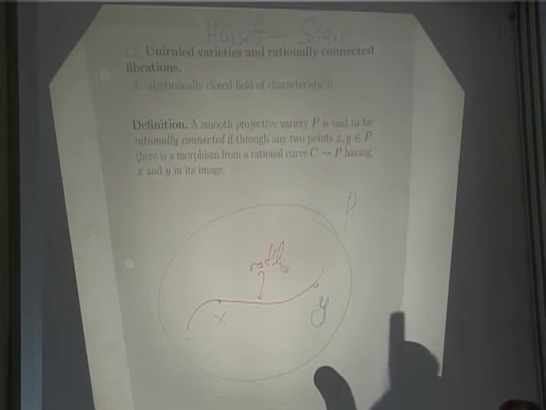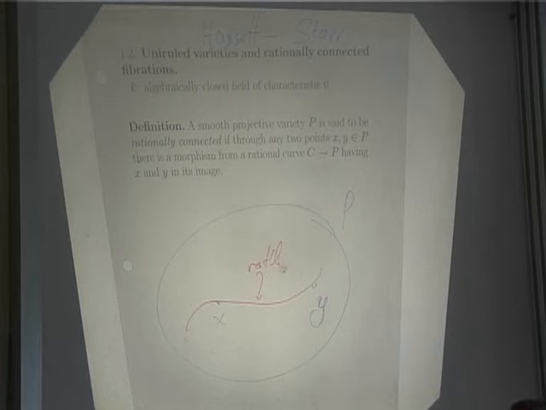And so on and so forth. This is really a nice class of varieties. The only rationally connected surfaces are rational. So for surfaces, it's a boring condition. But already for threefolds, it's interesting.